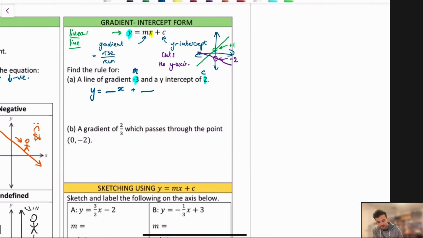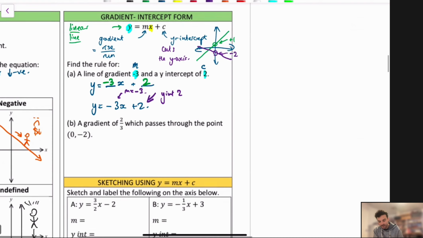Therefore, c is equal to 2. Let's plug those in. Y is equal to -3x plus 2. And this equation will have a y-intercept of 2 and a gradient of -3. And that's how this equation works.